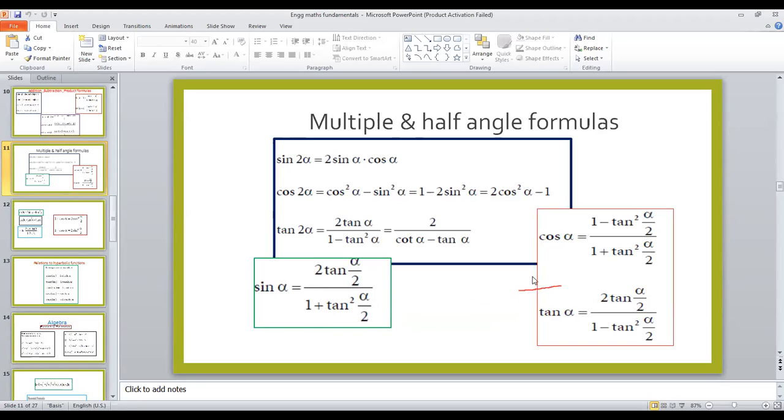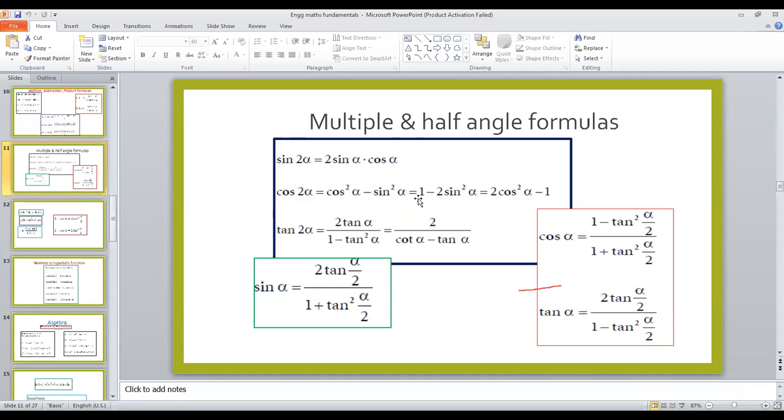What is next? Cos alpha. How do you construct the formula for cos alpha? Dividing the angle by 2 on both sides, cos alpha is cos square alpha by 2 minus sin square alpha by 2 upon cos square alpha by 2 plus sin square alpha by 2.